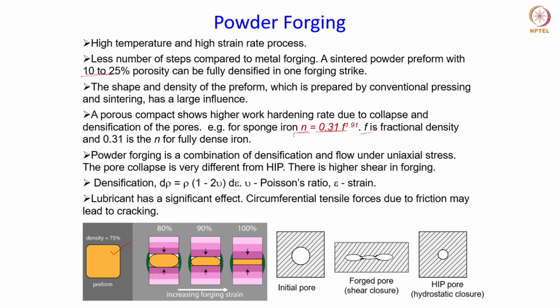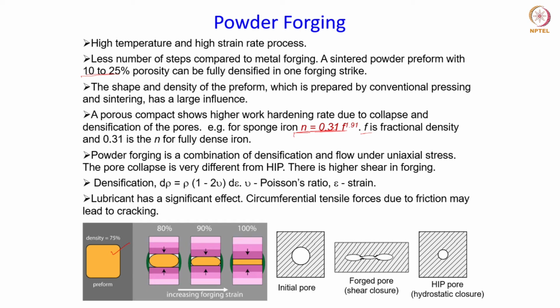So as the densification is achieved due to the collapsing of the pores, the strain hardening also increases, which you can see from this equation over here, where 0.31 is the value of the strain hardening exponent for fully dense iron.